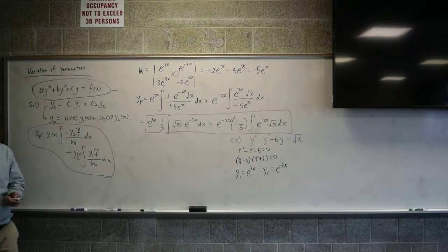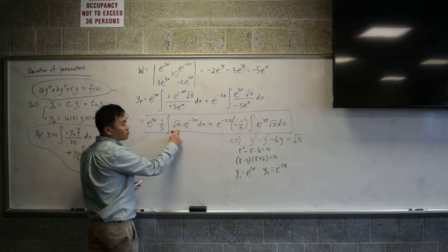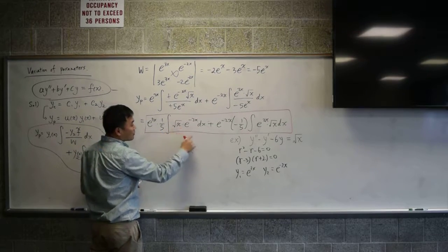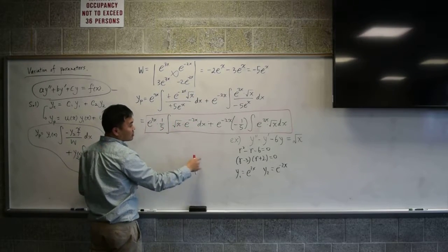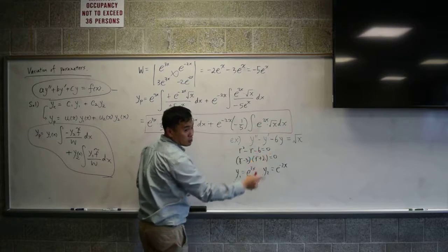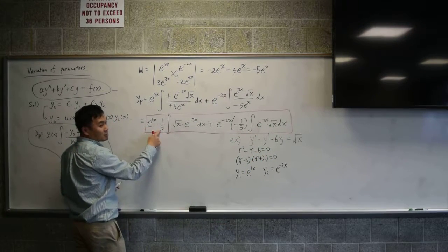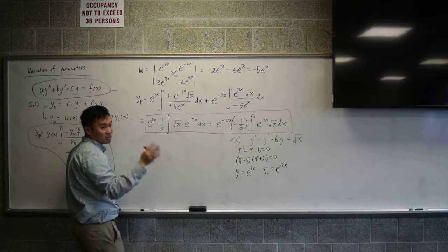Now, one more thing I want to say is that when you do the integrals, you get the constants, right? You have plus c, right? So if I call the constant that you get from here as plus c1, and this one is plus c2, then you get c1 times e to the 3x. There's division by 5, but c1 over 5 can be thought of as a c1.